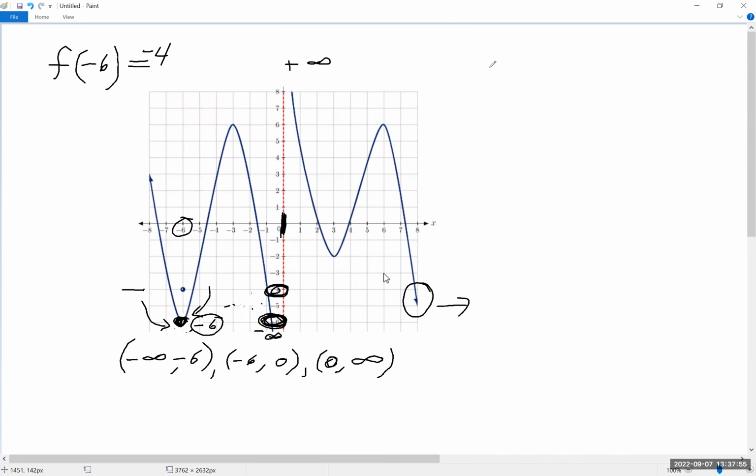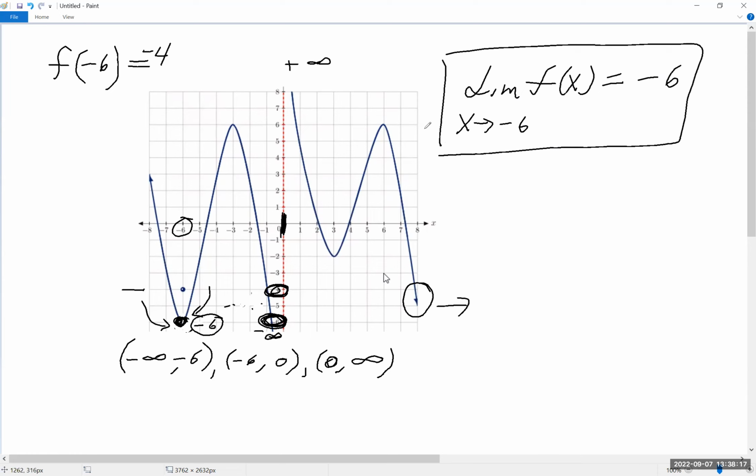So if we're looking at the limit of f of x as x approaches -6 from the left and from the right, we're getting close to the output of -6, even though that is not equivalent to the actual value of the function. Anyway, those are some important things to consider when we're looking at this curve.